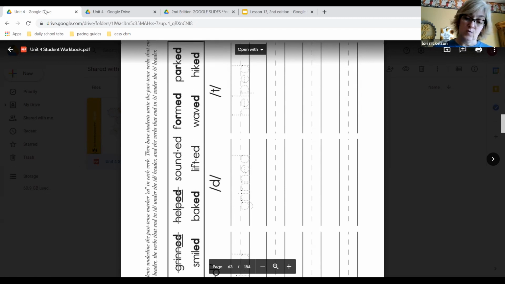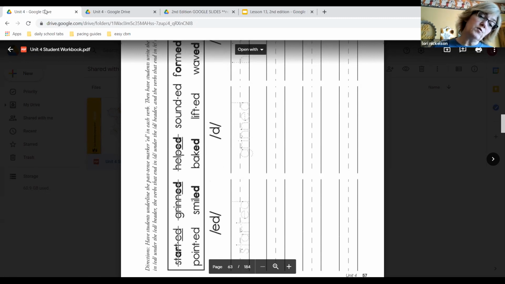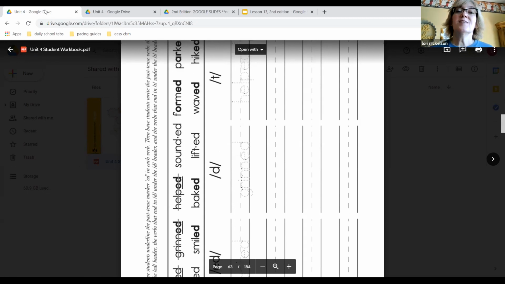Okay, so for example, they've done the first three for you: started, grinned, and helped. Look at started. It ends with ED, right? Grinned has the D. And then helped sounds like it's got a T at the end of it. So you'll have to say the word and write it where it belongs. Like your next word, sounded.